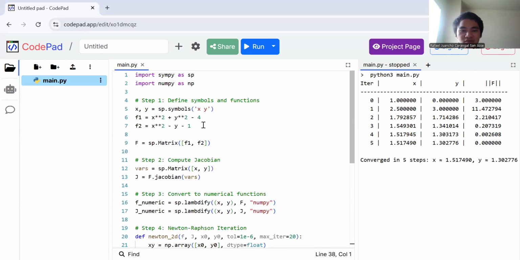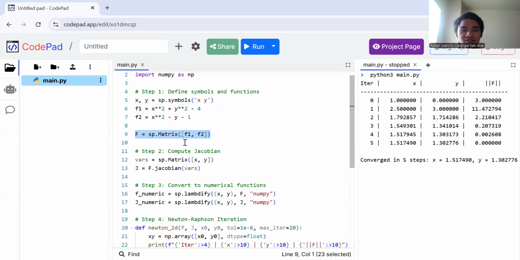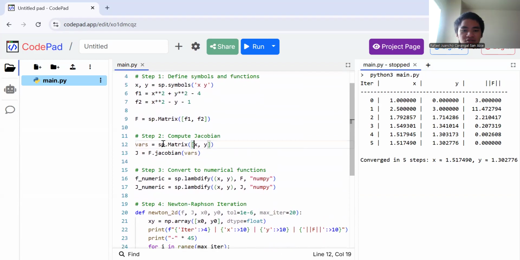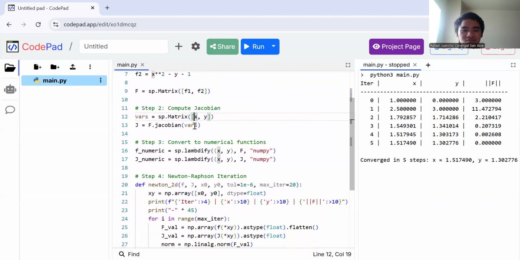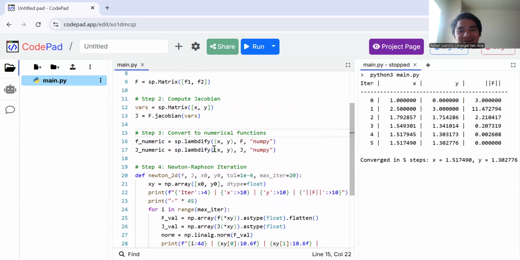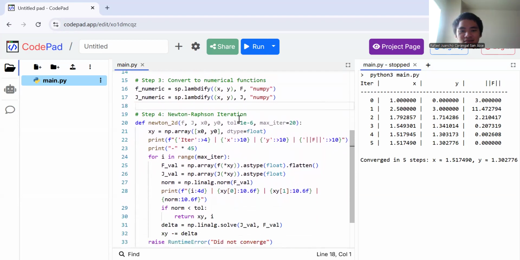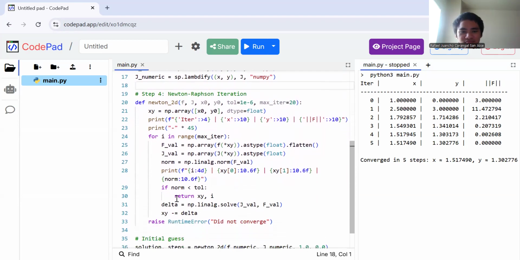So we define the symbols and functions. My f is some matrix. I compute the Jacobian. There's a function Jacobian. Okay. I convert to numerical functions. And then Newton-Raphson.